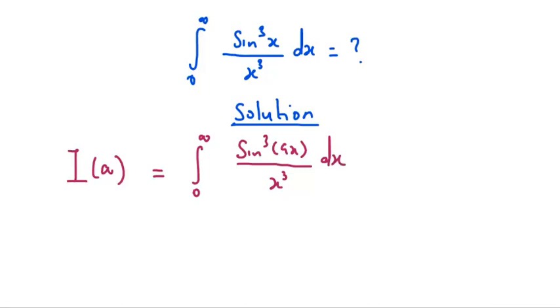And we can see that I of 0 is going to be equal to 0, because the sine of 0 is 0. Therefore, everything turns out to be 0.